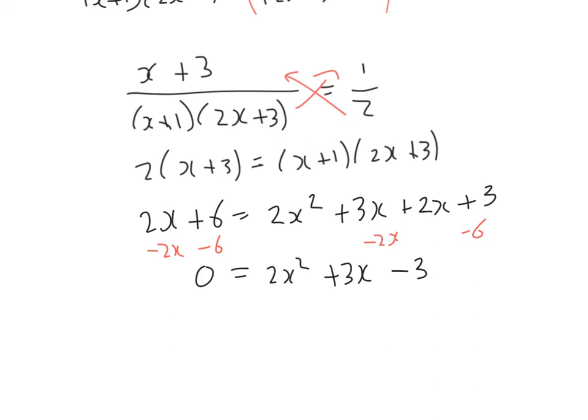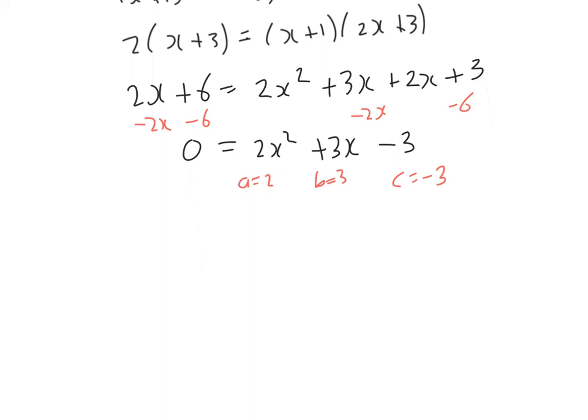Now you can try to factorize that, however it doesn't work. There are not two numbers that times to give minus 6 and add to give 3. So in that case it's the quadratic formula. A is 2, the number in front of x squared. B is 3, the coefficient or the number in front of the x. And C is minus 3.